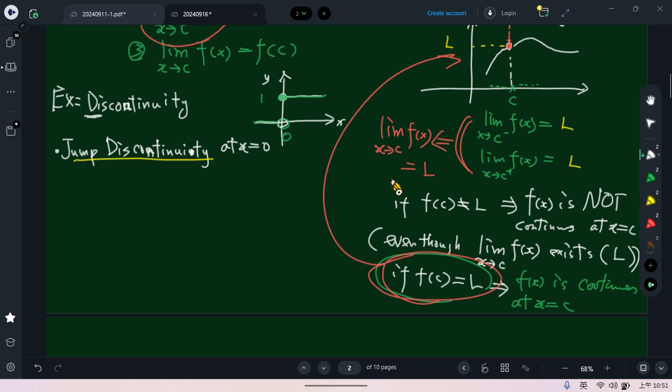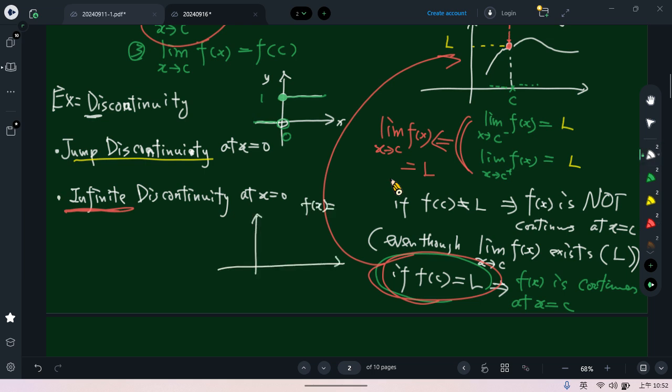So we will call this a jump discontinuity. The second one is the so-called infinite discontinuity. The infinite discontinuity is just like this one. f of x is equal to 1 over x squared.